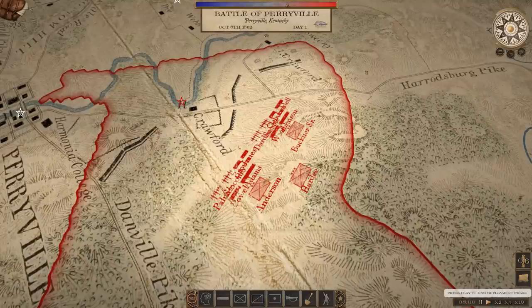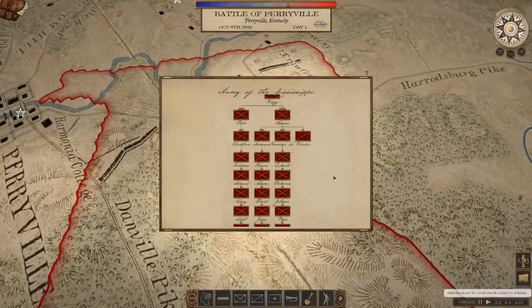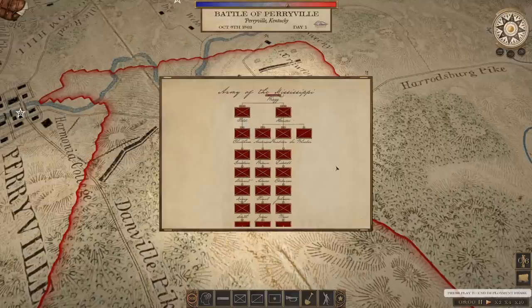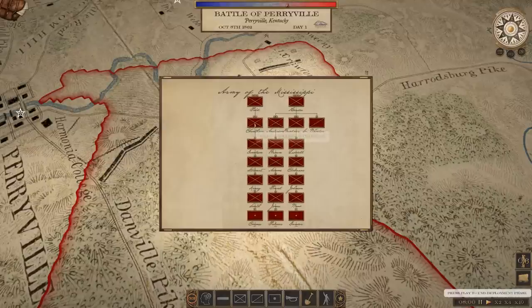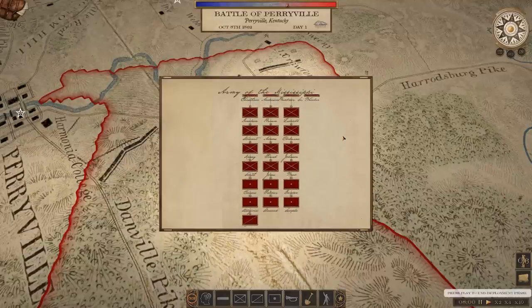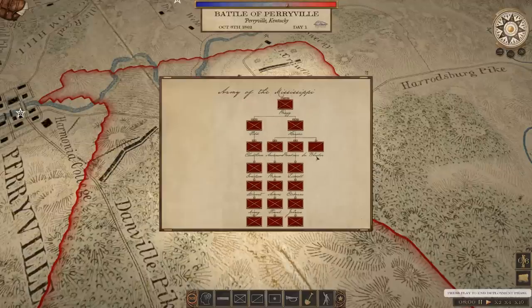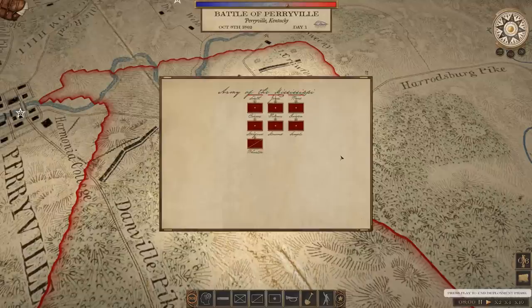And taking a closer look at the order of battle, we have two wings, which are basically corps level organizations. In total we have 3 divisions with 4 infantry brigades in each, and also the accompanying artillery and the 2 before mentioned cavalry units.